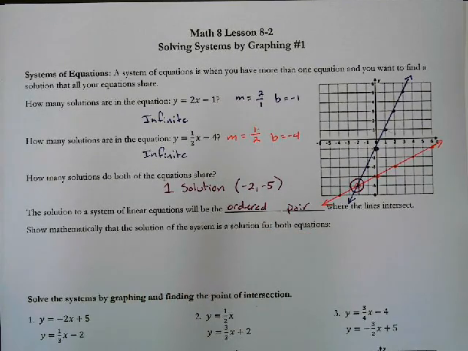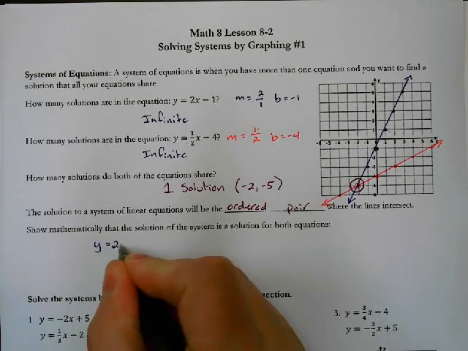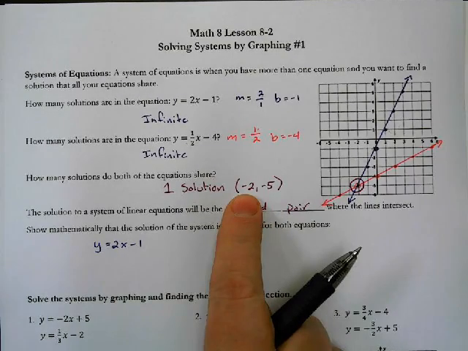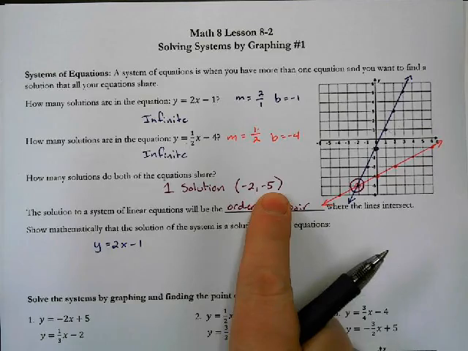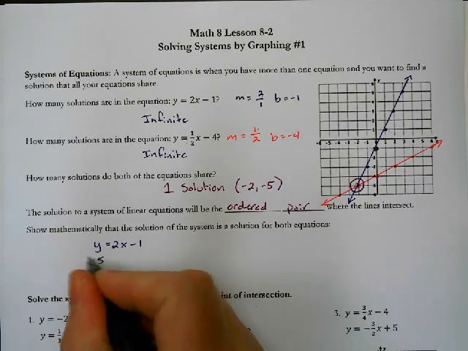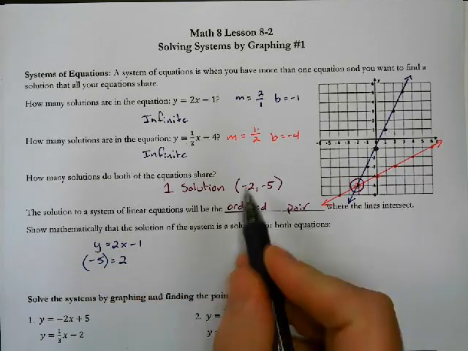Okay, so let's look at my first equation. That was y equals 2x minus 1. The solution says x is -2 and y is -5. So instead of y, let's plug in -5. Instead of x, let's plug in -2.